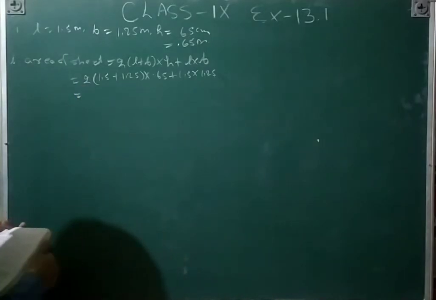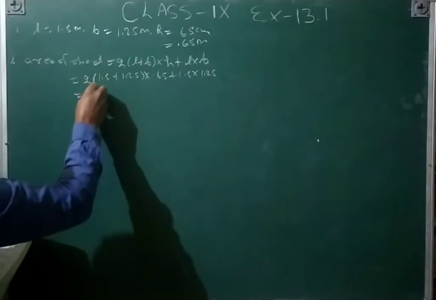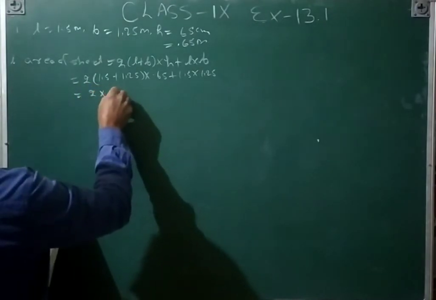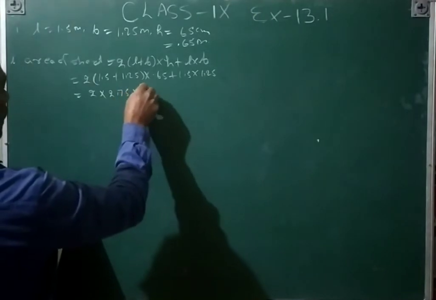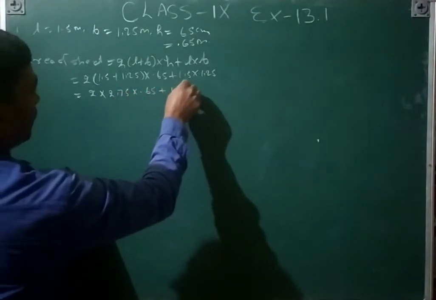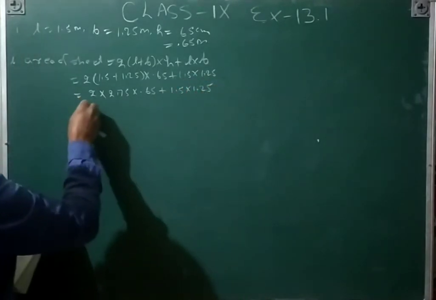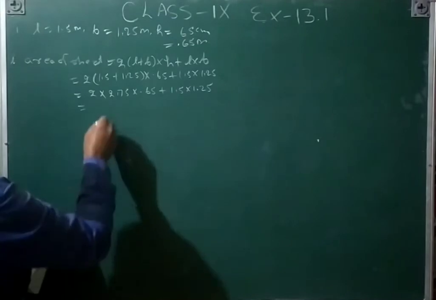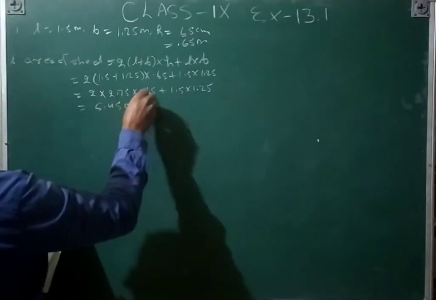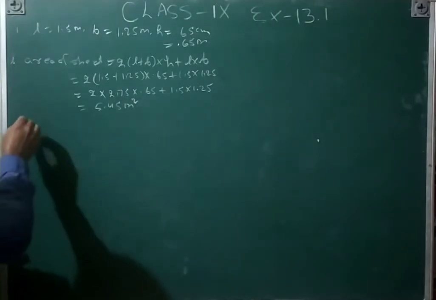After calculation, 2 into 2.75 into 0.65 plus 1.5 into 1.25 is 5.45 meter square.